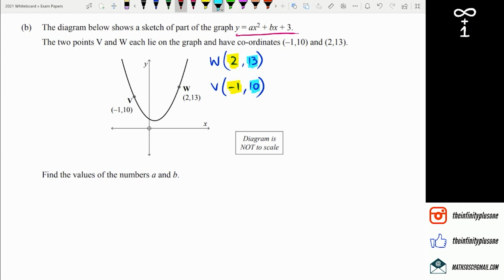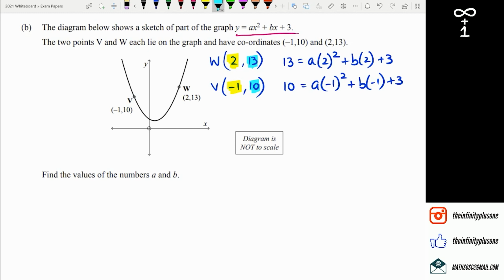So if I look at my first equation, I can rewrite this as 13 equals A times 2 squared plus B times 2 plus 3. And then for the second equation, I can write this as 10 equals A bracket -1 squared plus B times -1 plus 3.